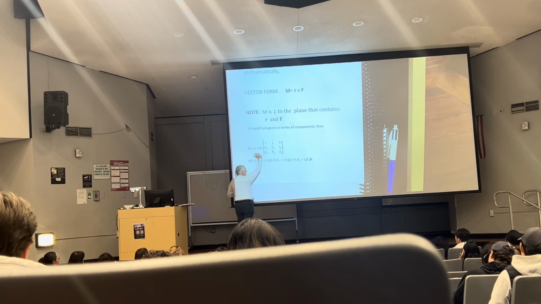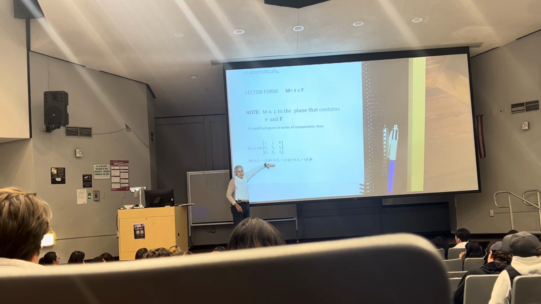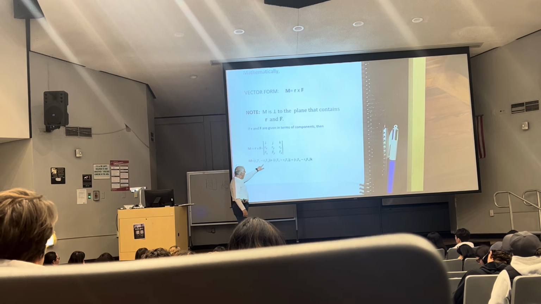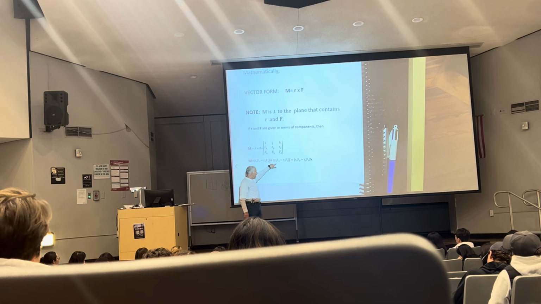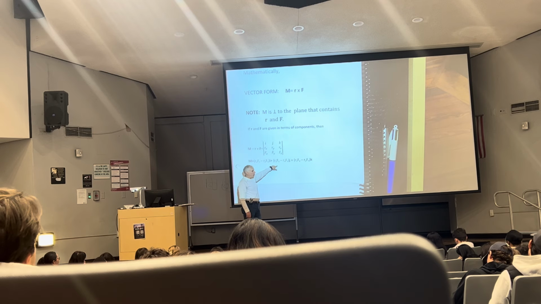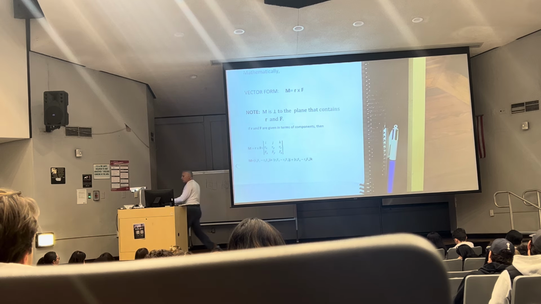Notice when you do the cross product, you get this. Now, do I want you to memorize that? No. I do want you to see that there is no x component of r or f in the i, there is no y component in the j, and there is no z in the k. That's what I want you to know. That's why I put it there, so you can see that.